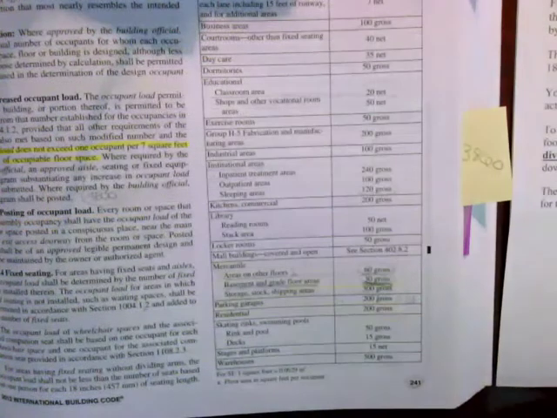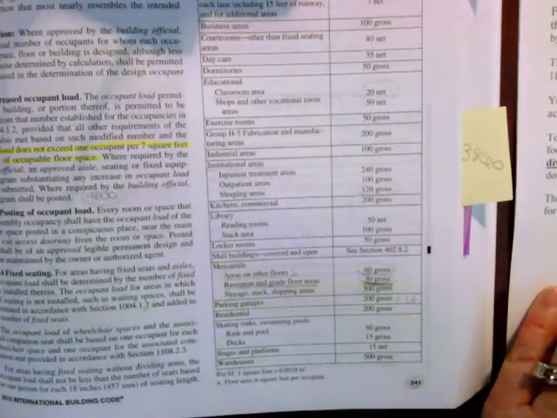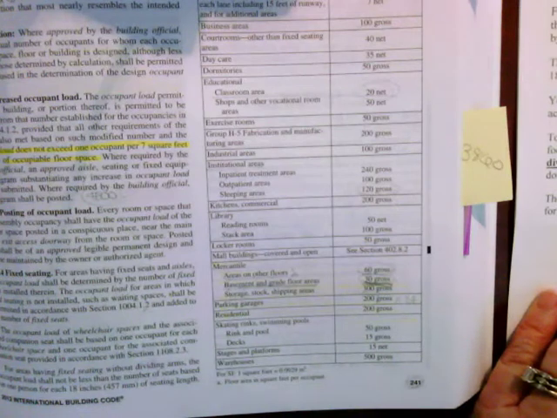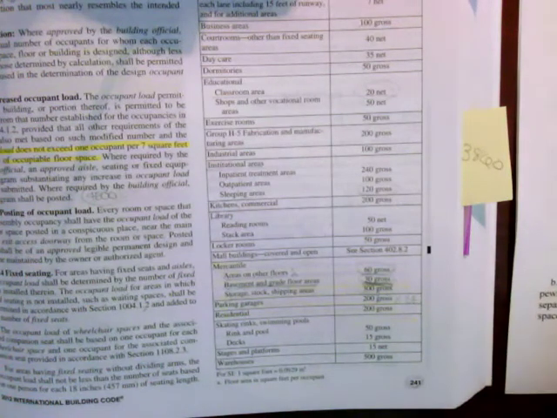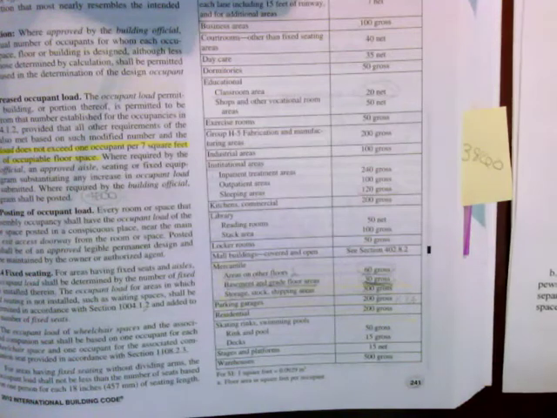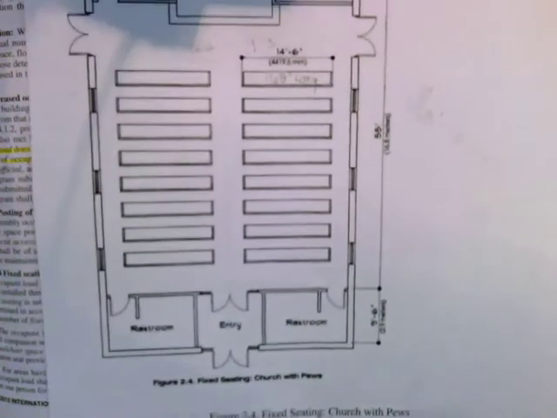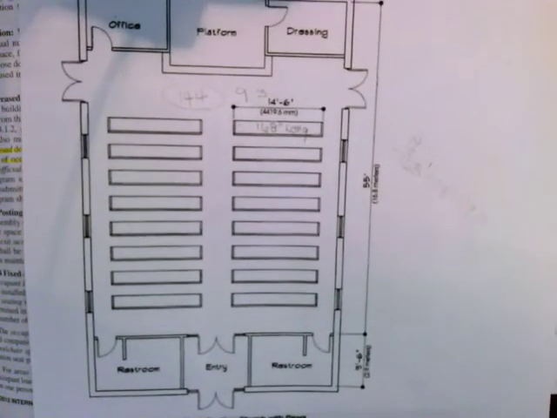This is mainly talking about the church. The seating shown consists of continuous wood pews bolted to the floor shown on the floor plan. So let me get to the floor plan and we'll look at this just a minute so we can understand how this plan is going to work.